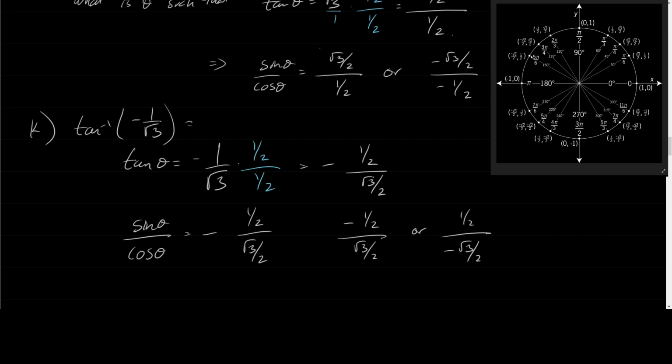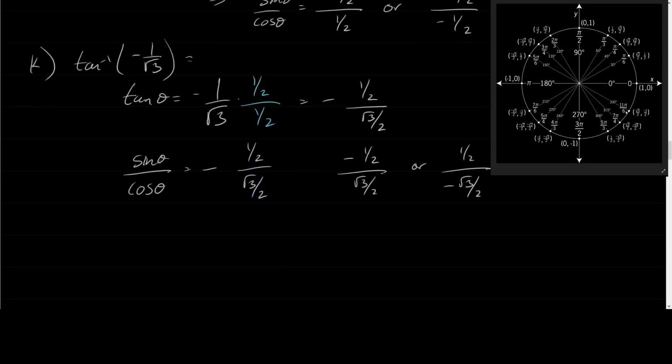But that would be at 5 pi over 6, and 5 pi over 6 is not within the range of tan inverse. The only possible value would be down here then, at 11 pi over 6, because the cosine value is radical 3 over 2, and the sine value is negative 1/2, just like what we have here. All right. However, 11 pi over 6 is not in the range of tan inverse.